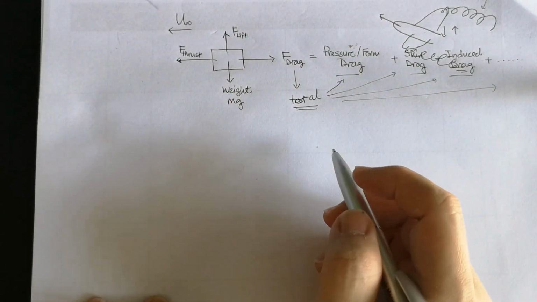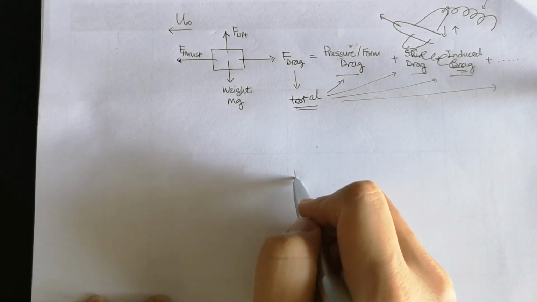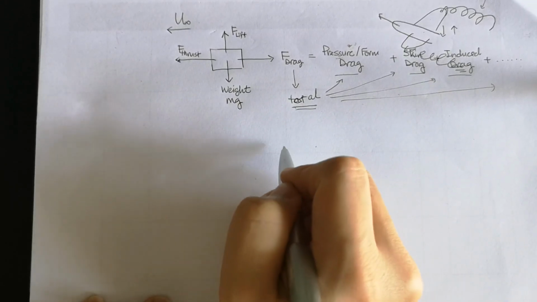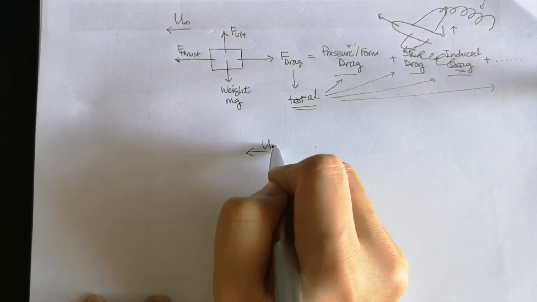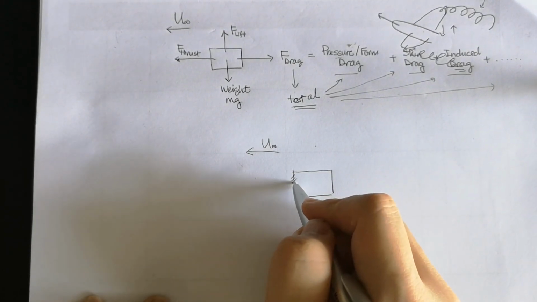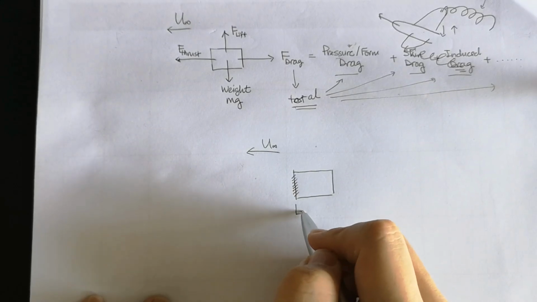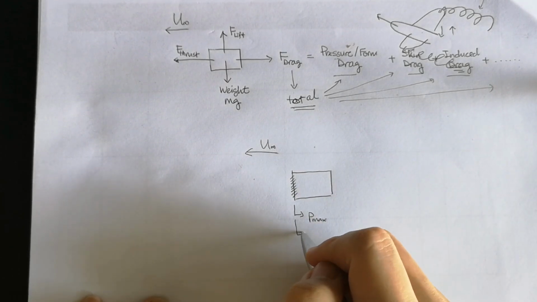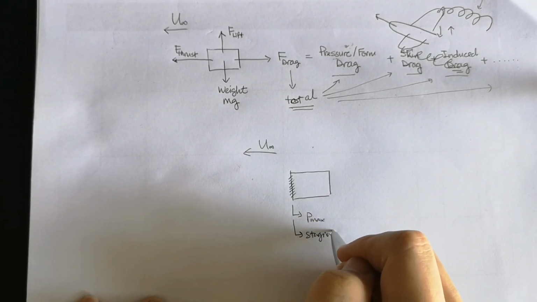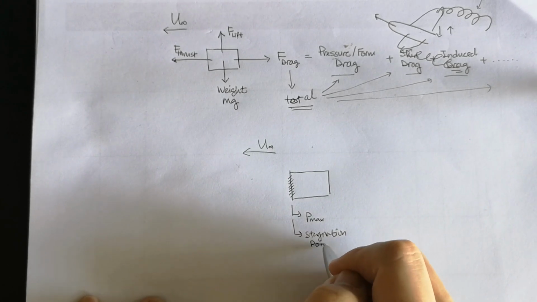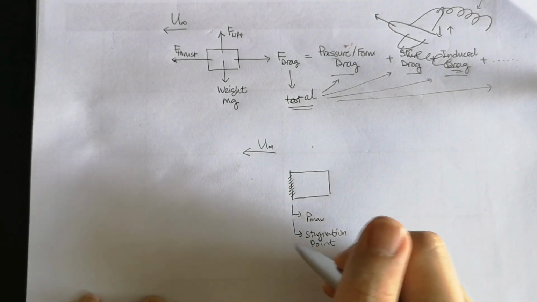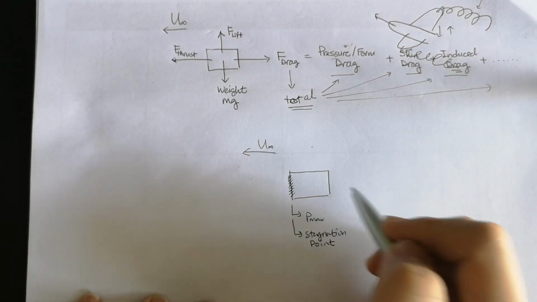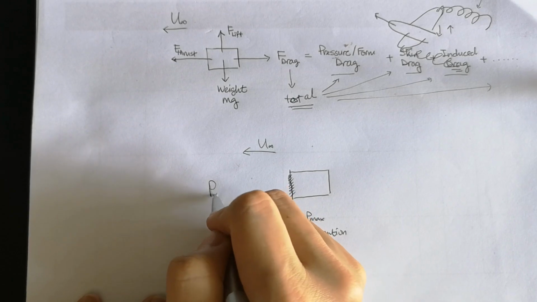Pressure drag is something like this: when a vehicle or object is moving forward, the frontal surface here will have maximum pressure due to the stagnation point. This we obtained from the Bernoulli equation. In other words, the pressure acting onto this surface is higher than our free stream pressure.